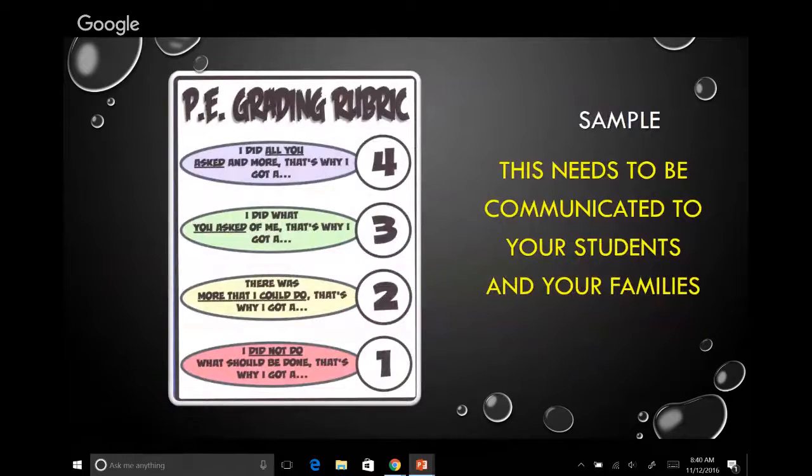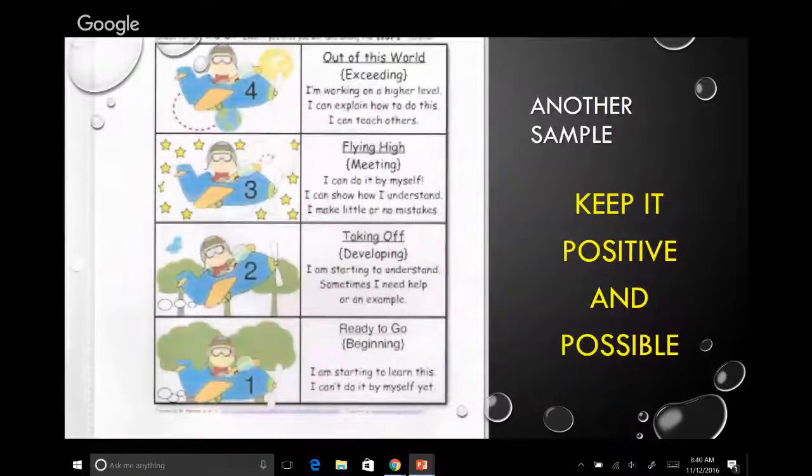Whatever you decide to use needs to be communicated to your students and family. This one's pretty straightforward and easy. It's got a little rhyme to it, so it's easy to remember. This one is very positive and possible, and that's really important because we want our kids to keep moving and flying forward.